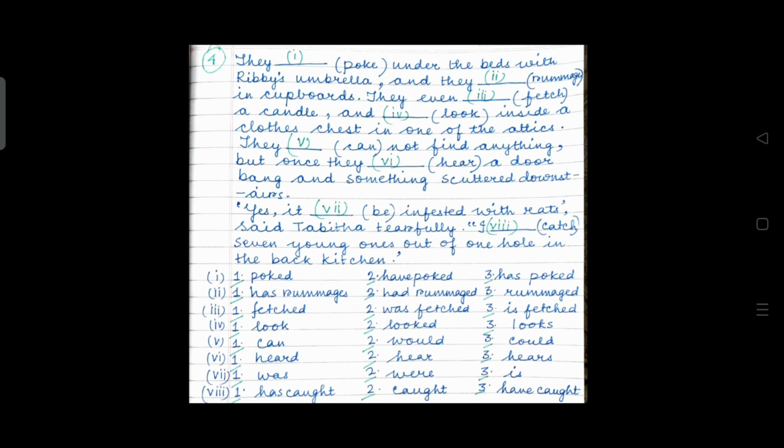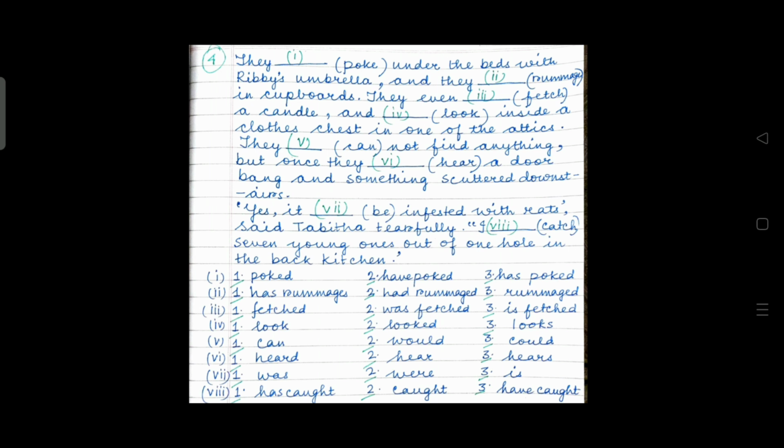Yes, it dash infested with rats, said Tabitha tearfully. I dash catch 7 young ones out of one hole in the back kitchen. It was, it were, or it is. The right answer is yes, it is infested with rats, said Tabitha tearfully.